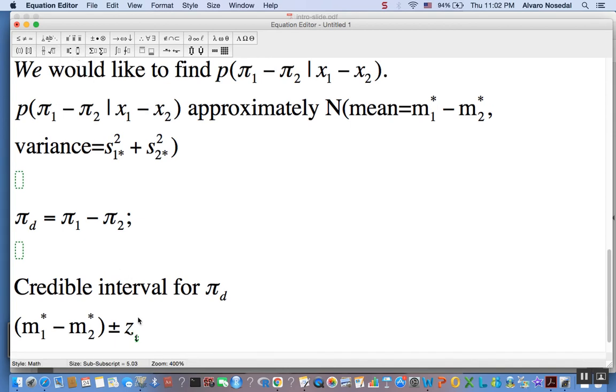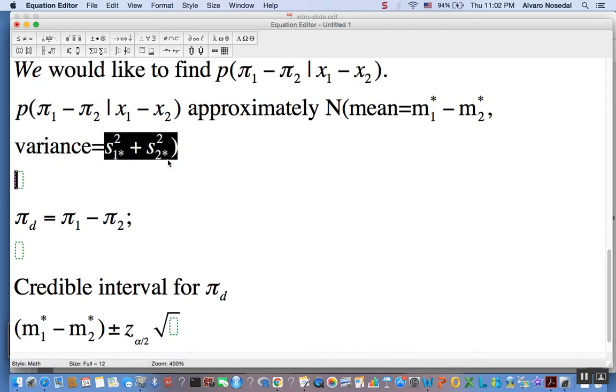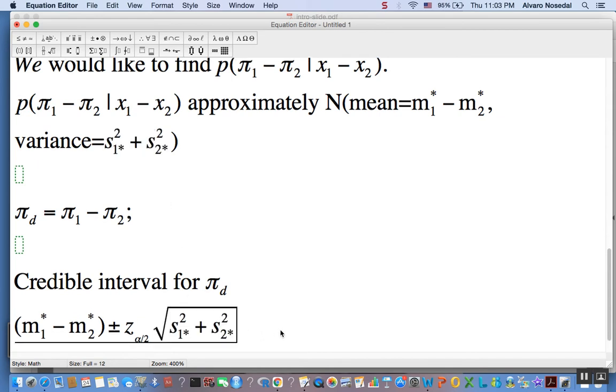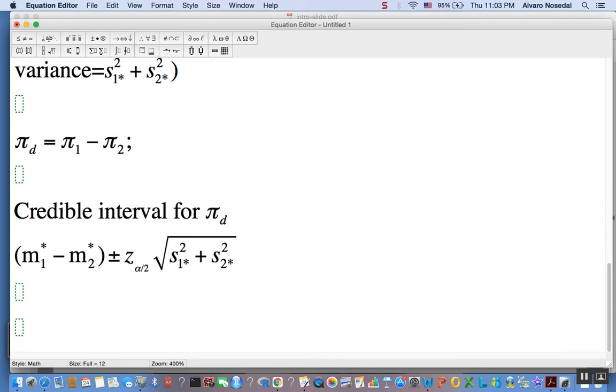So let me use that notation here. Okay, and then times just the square root of your variance. That's it.